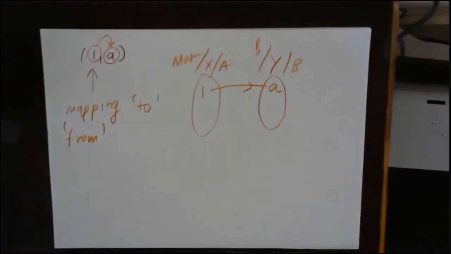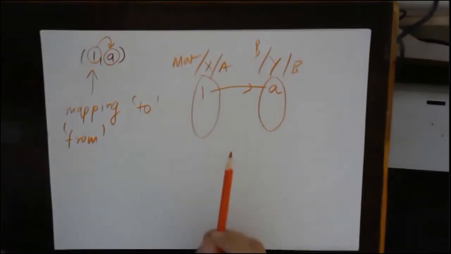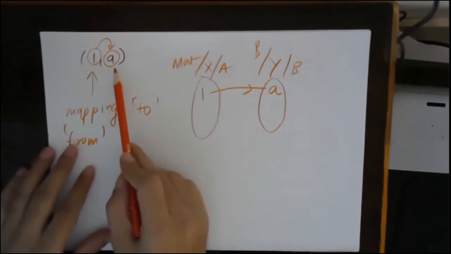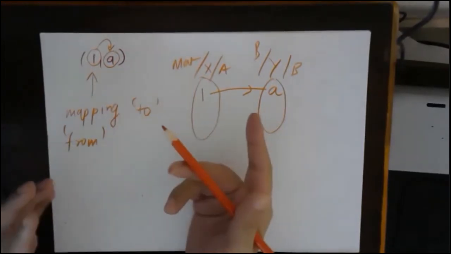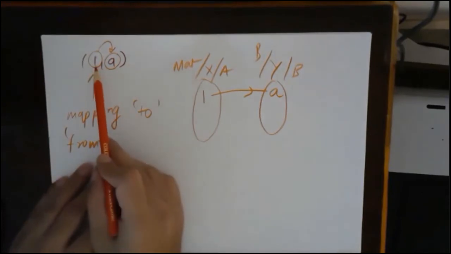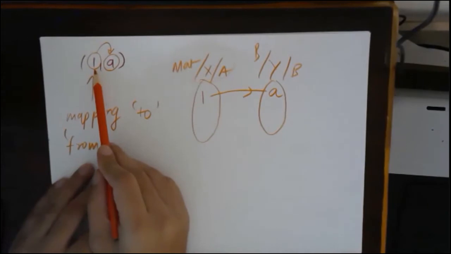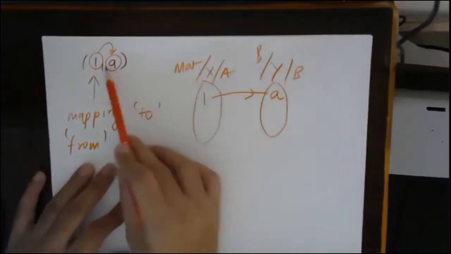So what we are doing is that this is a notation. So in bracket 1 comma a is just a notation that from a particular set, 1 was an element, to a particular set A was an element. So from 1 to A, I'm linking. That's it. There is nothing to understand much.